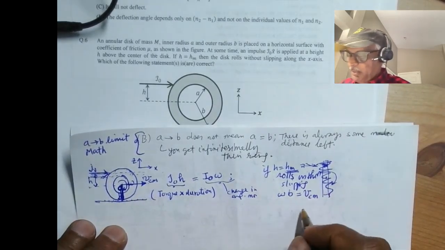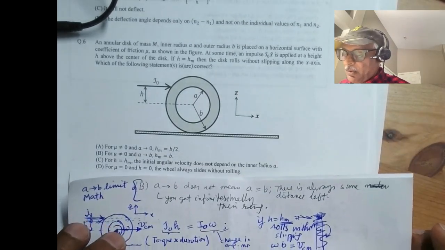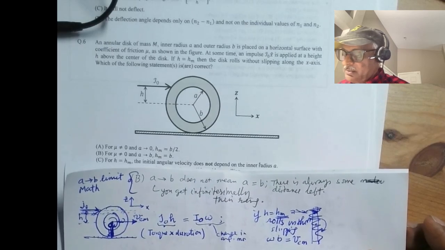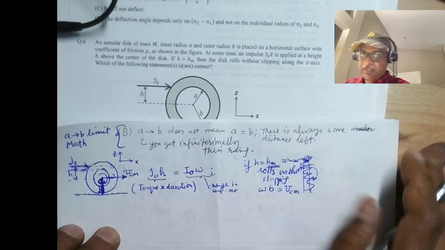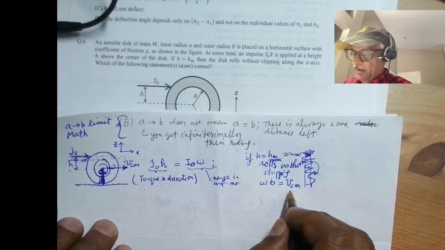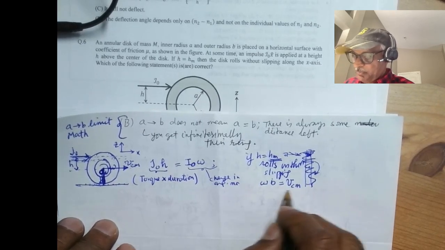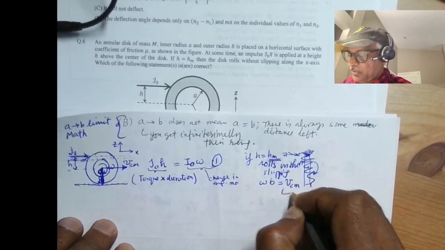That would be the relationship, which doesn't really tell you what to expect. Okay, so anyway, this is equation 1, and this is equation 2.